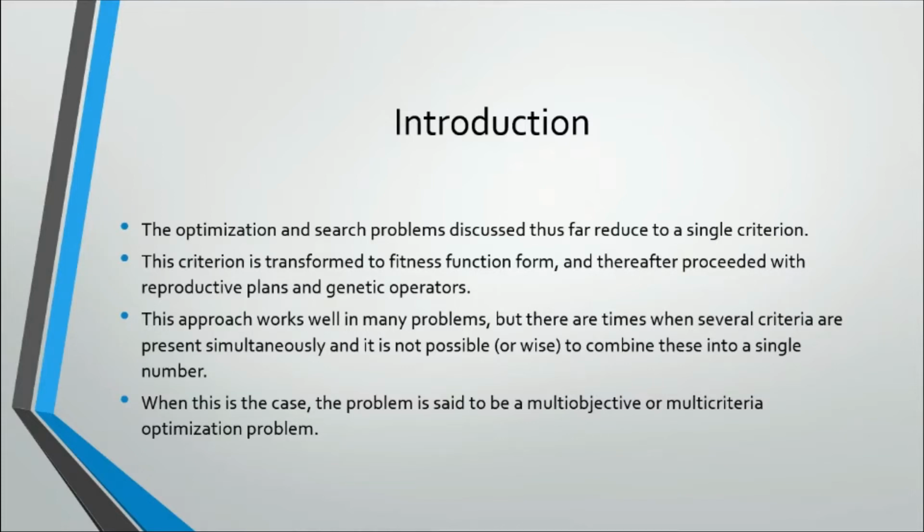In some cases, the criterion itself becomes the fitness function. Otherwise, we have to transform the single criterion into a fitness function, and then we proceed with the reproductive operators as well as the genetic operators we employ in order to find the solution corresponding to an extreme value for this particular criterion.